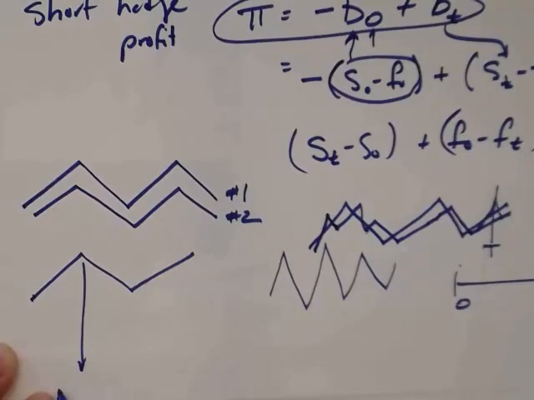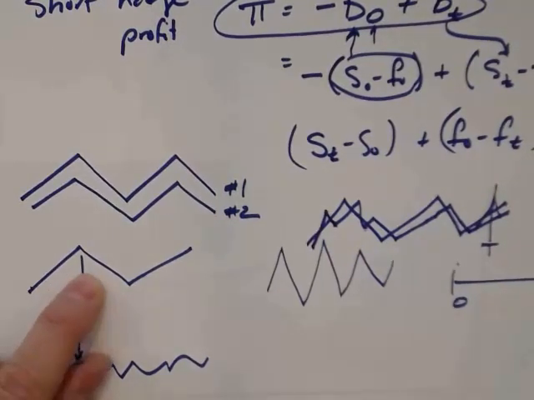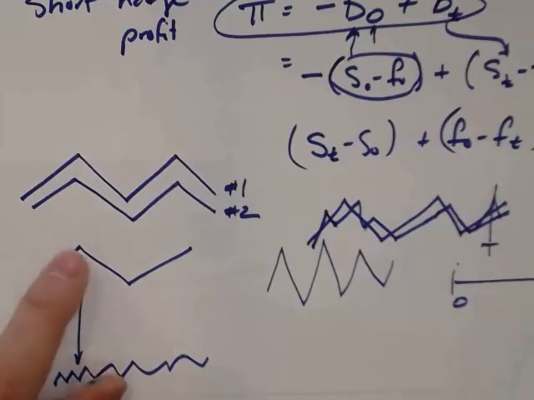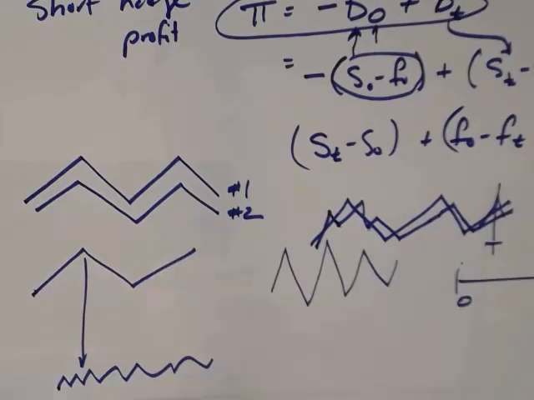The silver futures price is going to gyrate back and forth by probably pennies, but the spot price, or the futures price, for gold is going to change by dollars a day, and this will change by pennies a day. And so you're going to see that there's a giant difference between the two.